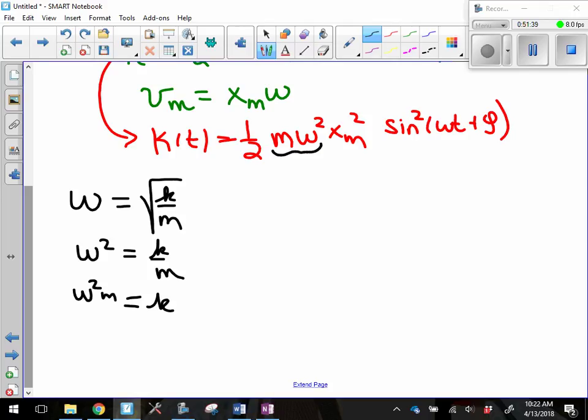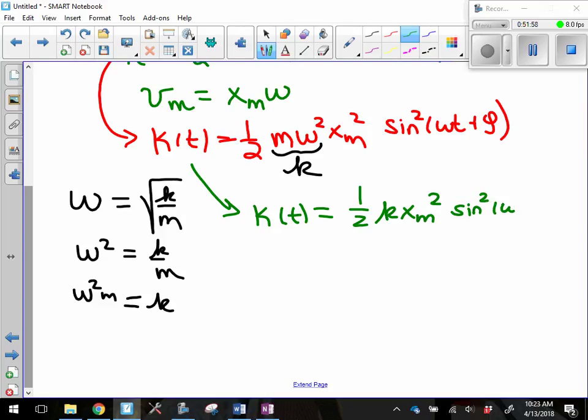So what's this equal to? So I can write my kinetic energy as 1/2 k x_m squared sine squared(omega t plus phi).